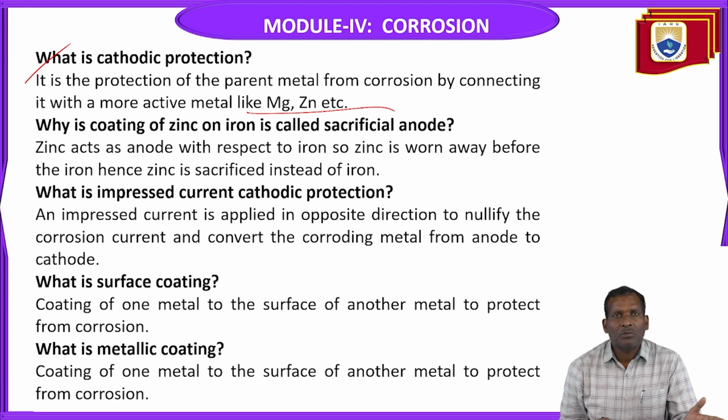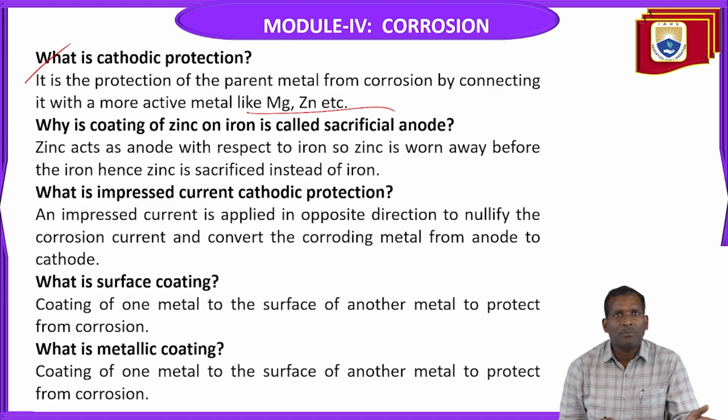So you want to prevent the parent metal from corrosion, and then it is connected with a more active metal like magnesium and zinc, etc. This protection method is called cathodic protection.